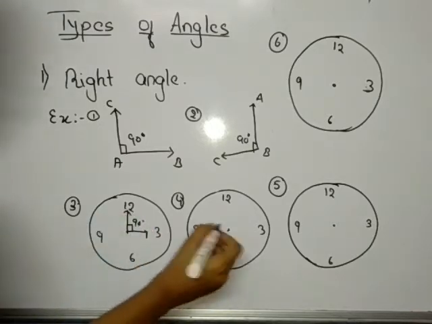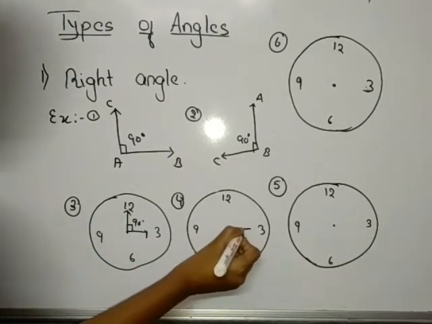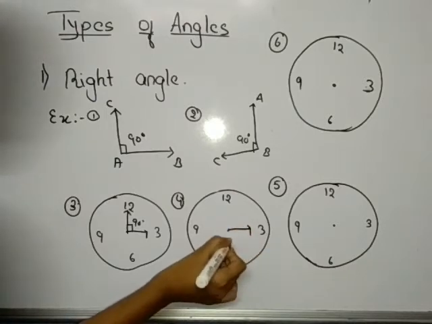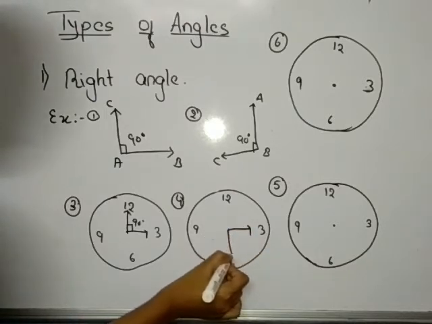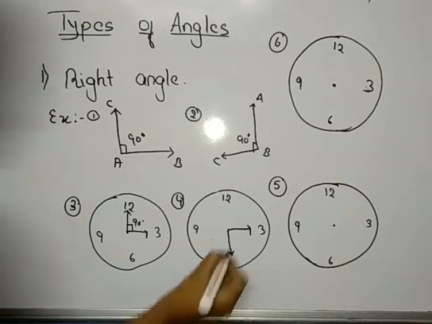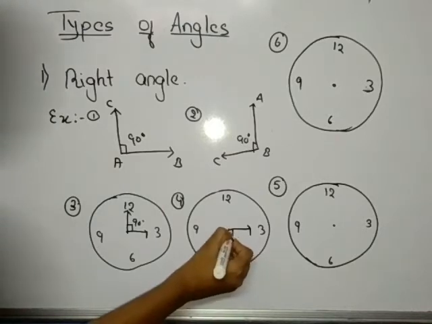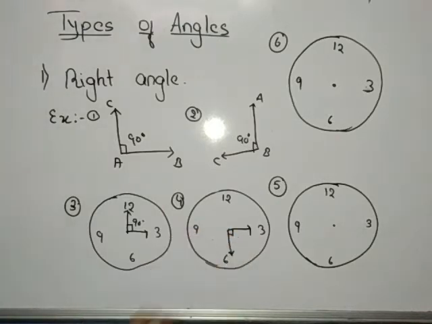Then if the hour hand is facing 3 and the minute hand is pointing towards 6, again the angle between the two hands is 90 degrees.